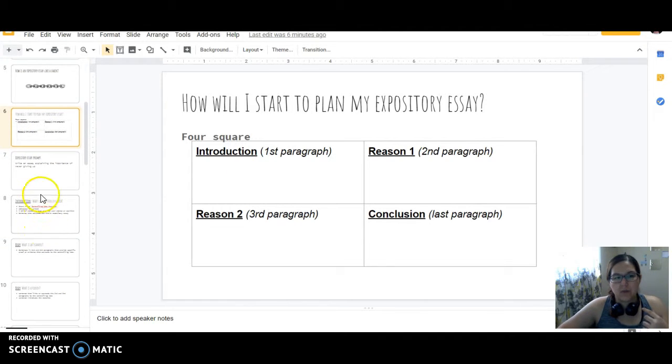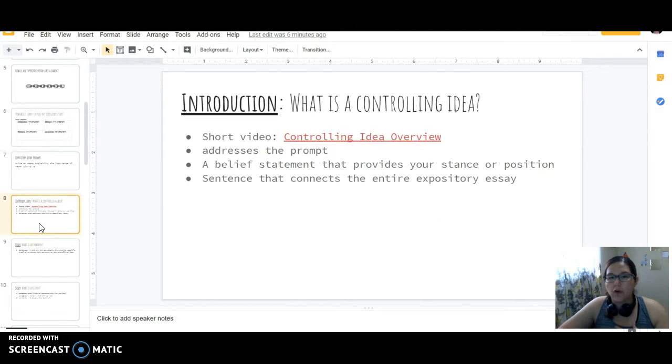Okay, that is the question. So, for your introduction, you have to have a controlling idea, okay? And what is a controlling idea? It's basically you have to tell them what you're going to be writing about.